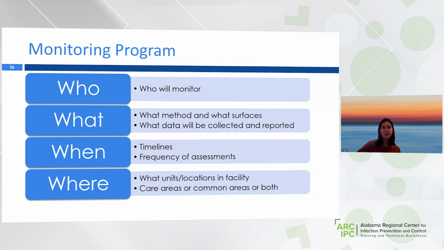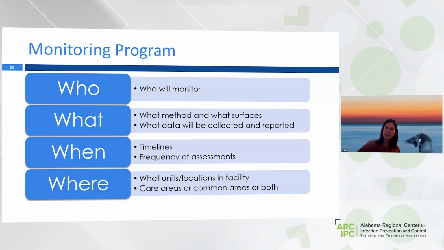So the when: what are our timelines? What is the frequency of the assessments for our different periods of time? Baseline measurement period, implementation period, study period. What are those timelines? How often are we going to do the assessments? And will our time frames for doing assessments be scalable?